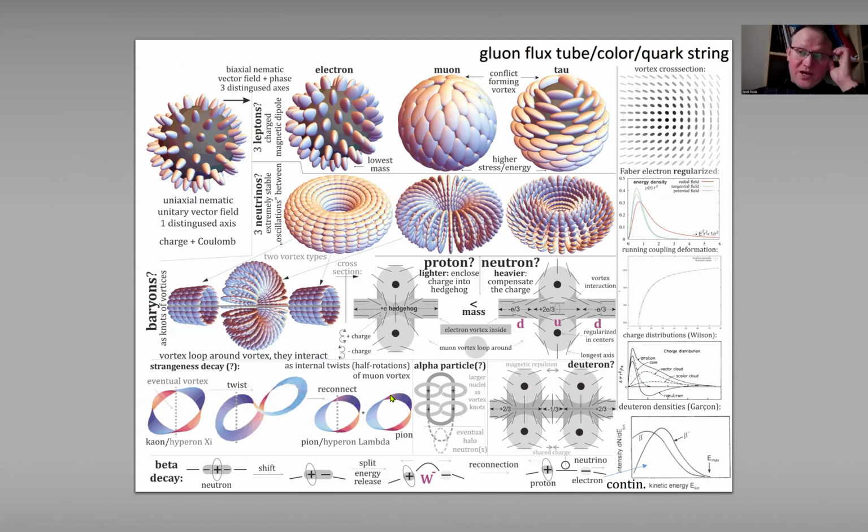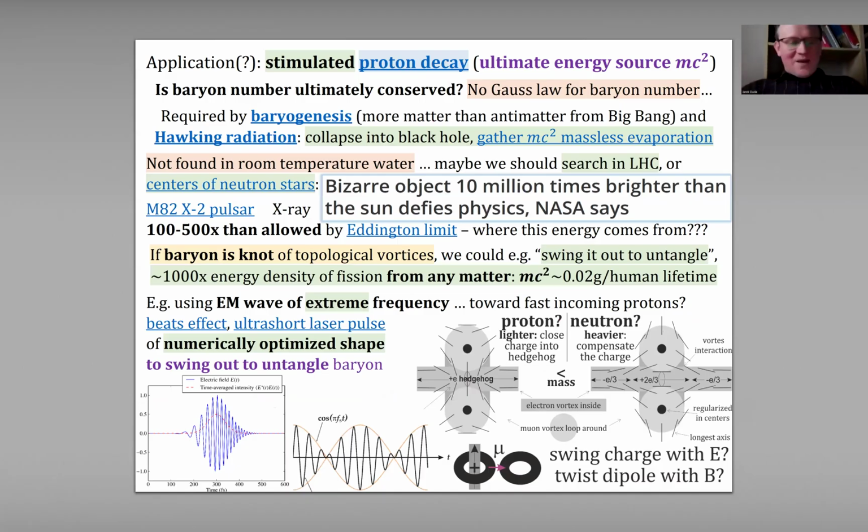Okay, so about potential applications, maybe we could think about proton decay. Here, in contrast to the Feynman model, the proton number can be violated, as is assumed, for example, for baryogenesis and Hawking radiation. So maybe you could actively destroy protons. If so, it would be an ultimate energy source: enormous energy from any matter.